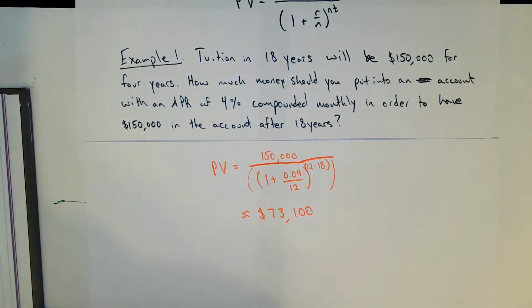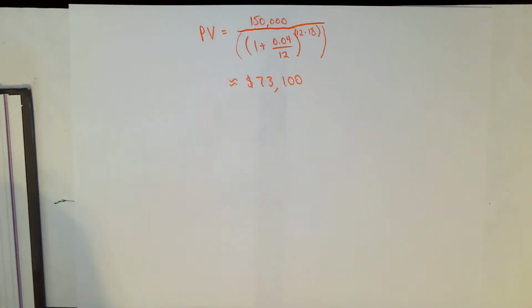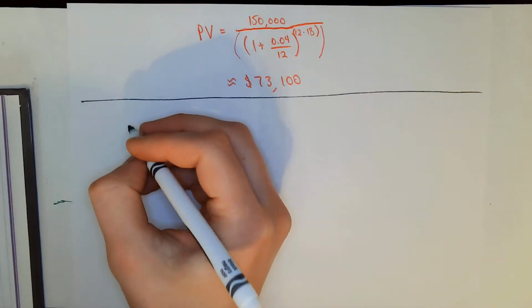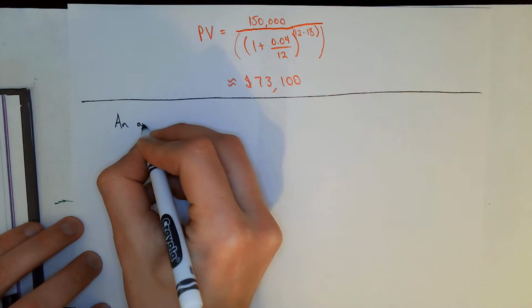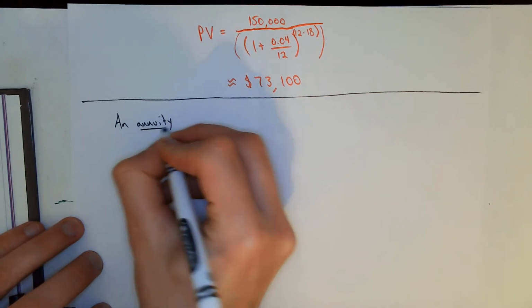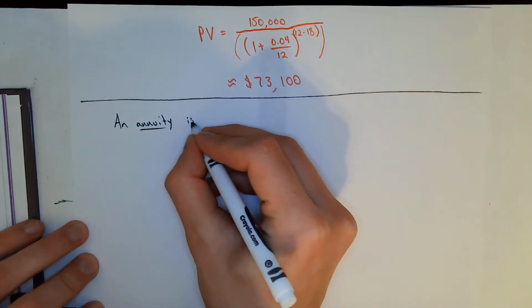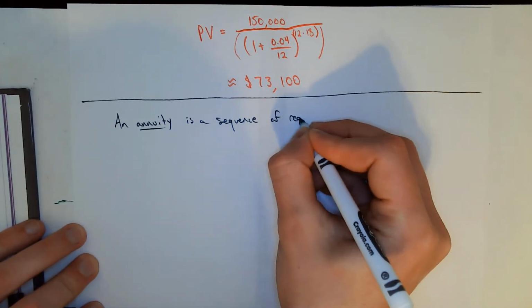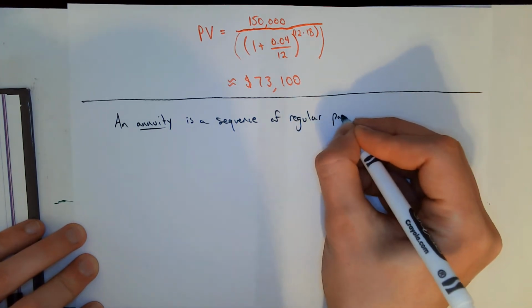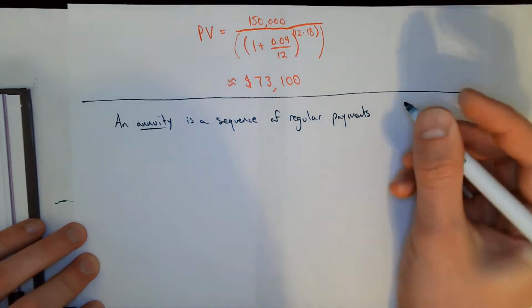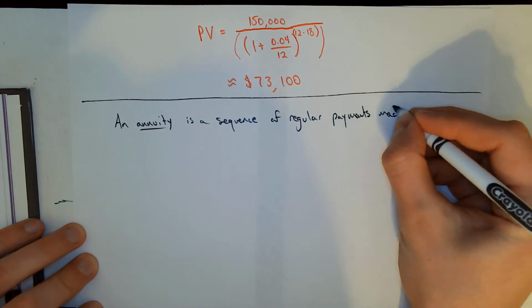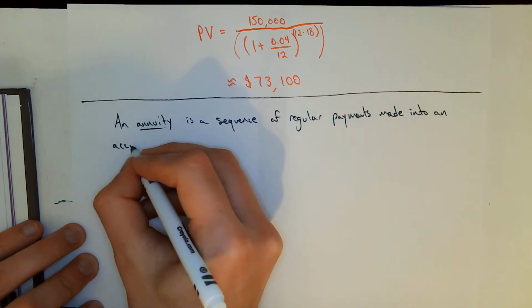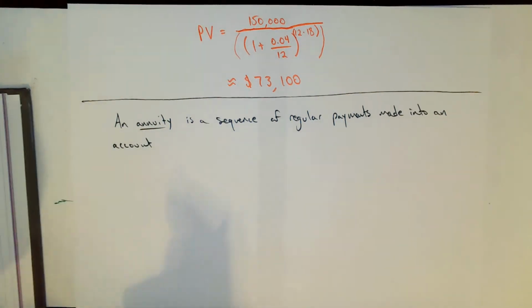Let's talk about annuity now. Okay. So let me officially define annuity. An annuity is a sequence of regular payments made into an account, which is a very natural thing, right?